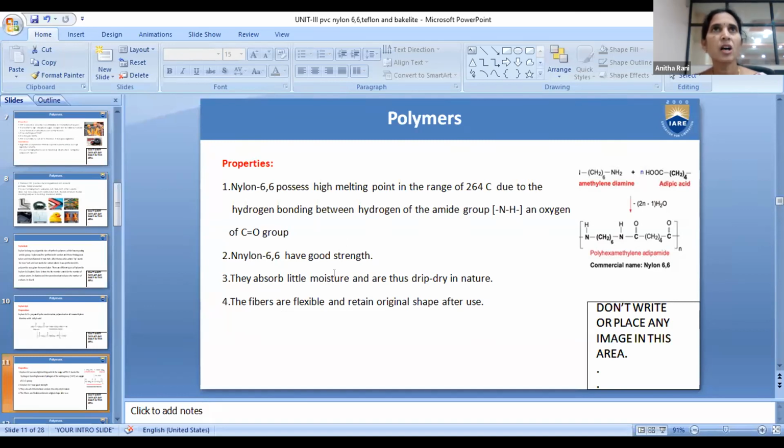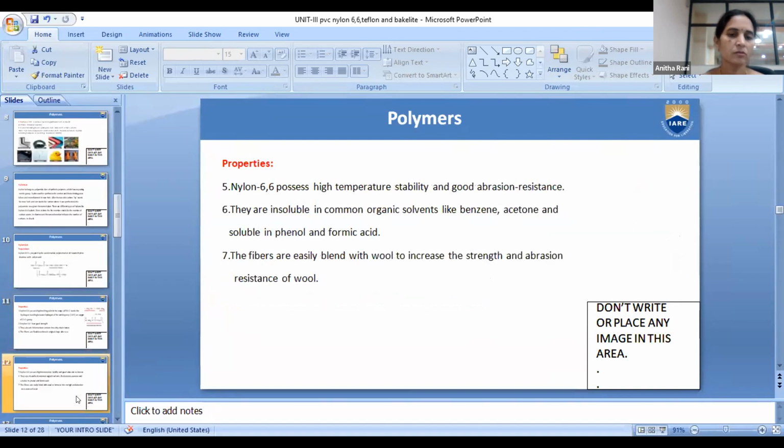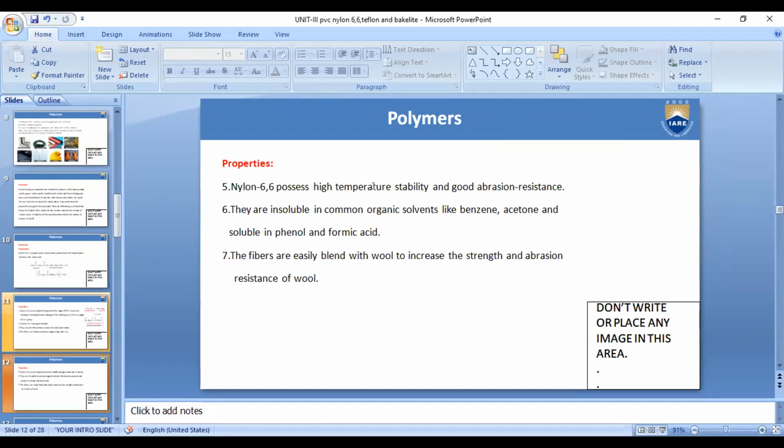So these properties you can't see in PVC. Each synthetic polymer has its own properties, and the applications are also different. Nylon 66 possesses high temperature stability, whereas PVC is not stable to heat and UV radiation.